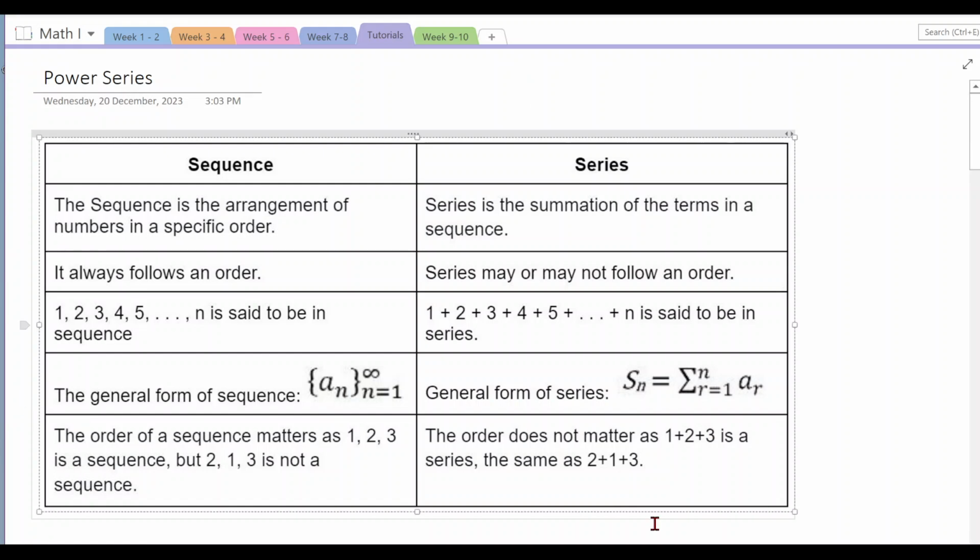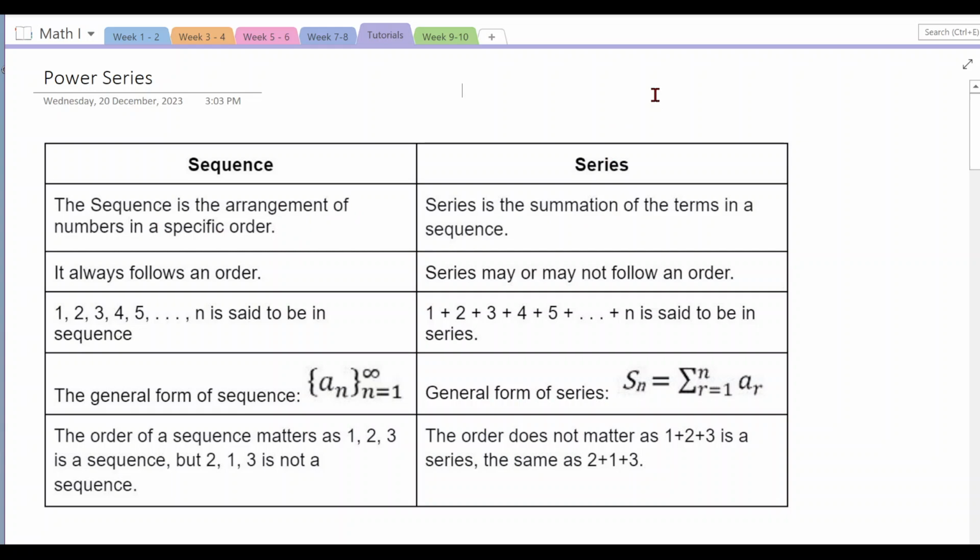In this video we're going to talk about series, power series in particular. So first of all, the difference between series and sequence is illustrated in these tables. A sequence is basically the arrangement of numbers in specific orders, whereas a series is the summation.